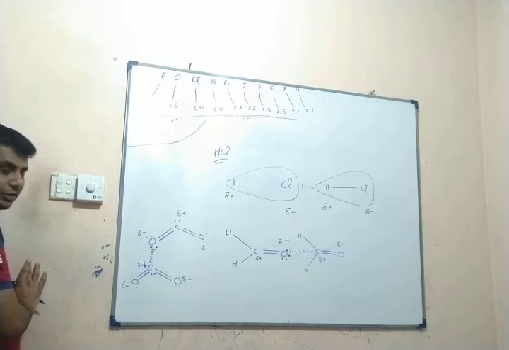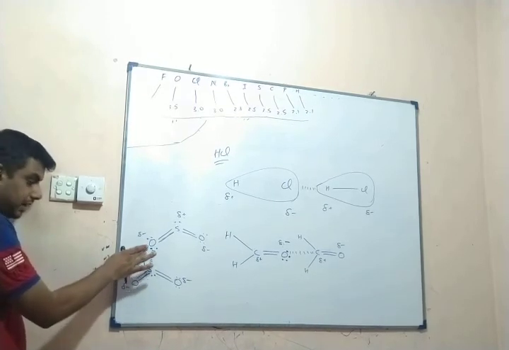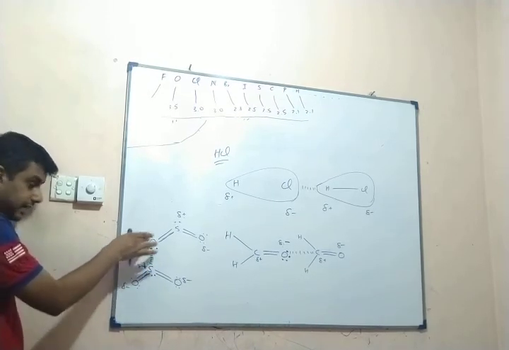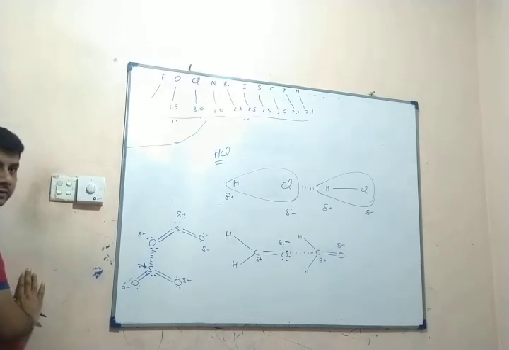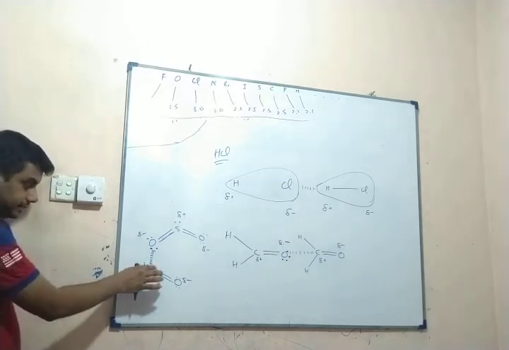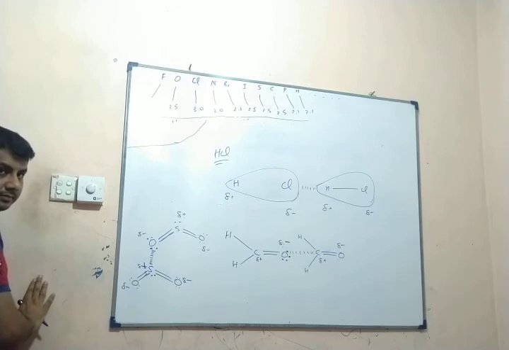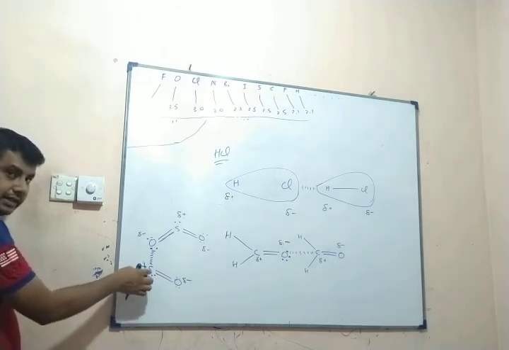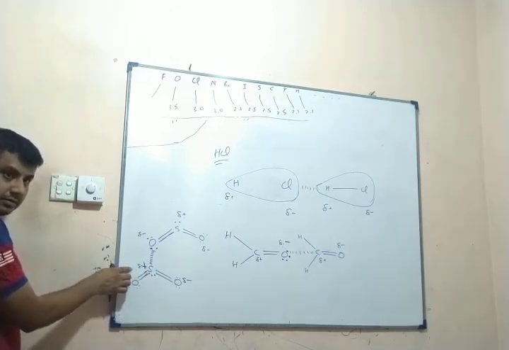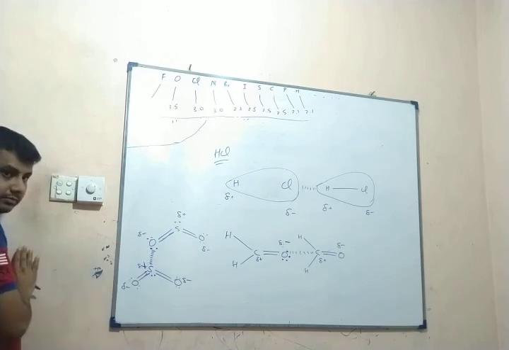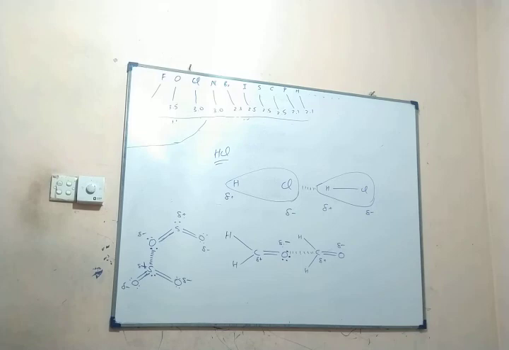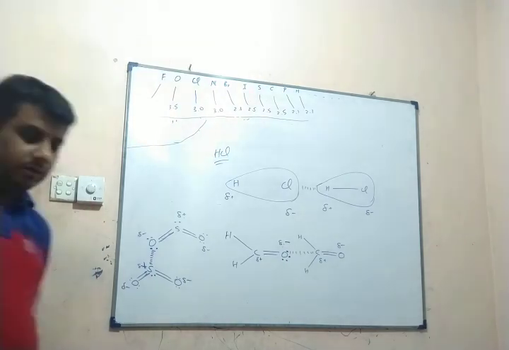The attraction should be from the lone pair of delta minus directly towards the electron-deficient atom, delta plus. I'll explain why. Draw it.